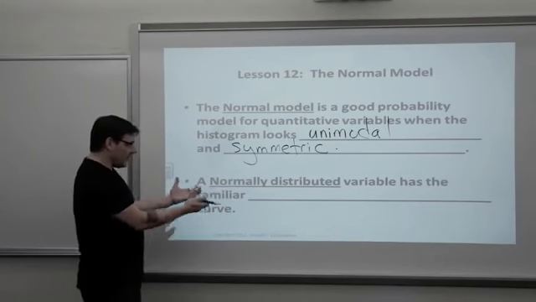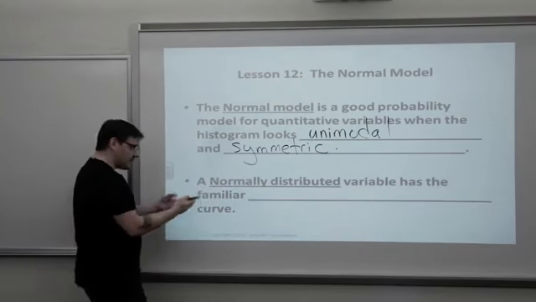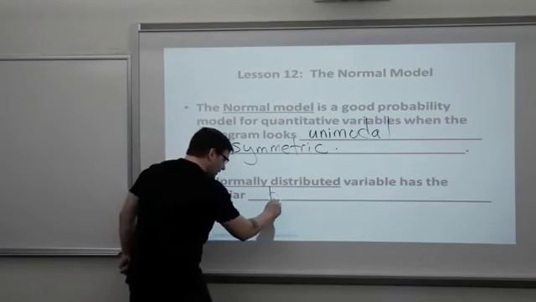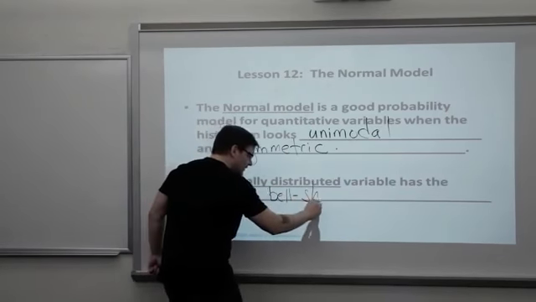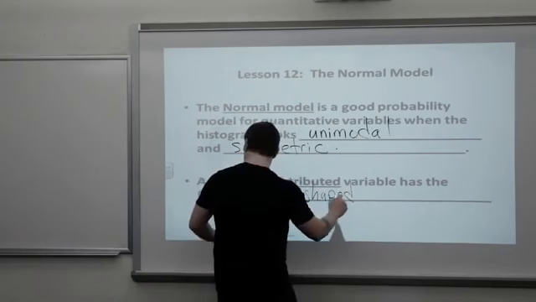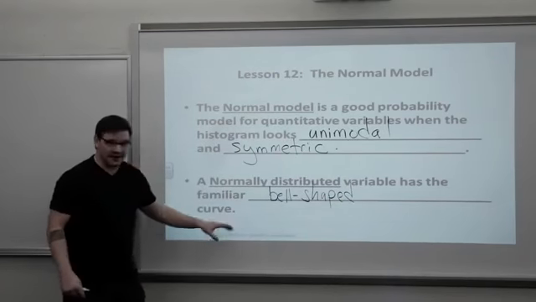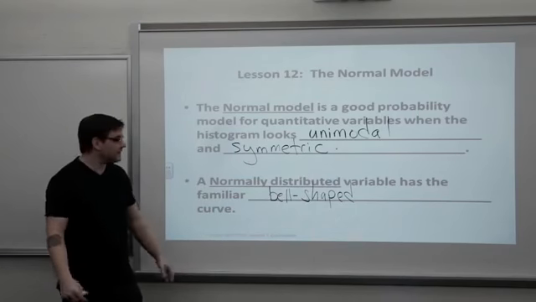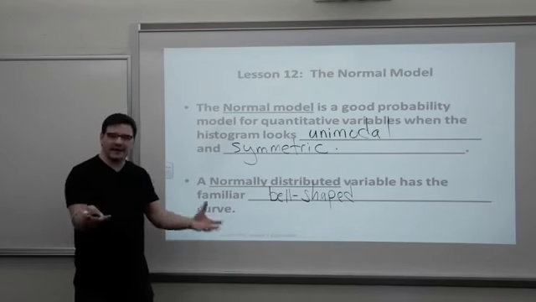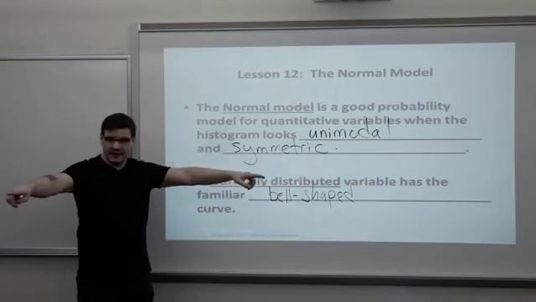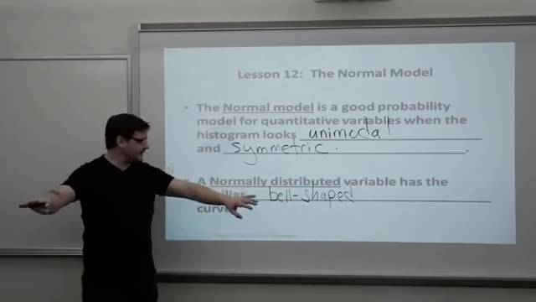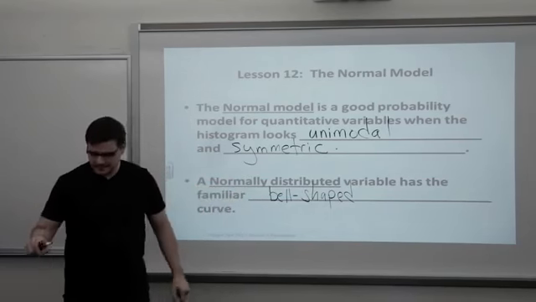That's that familiar bell-shaped curve. A normally distributed variable has that familiar bell-shaped curve, and you can see it at the bottom of the page, so I won't draw it on here and then just erase it in 4 seconds. The data is piling up in the center and then tapering off as you get to the extreme highs and the extreme low values.